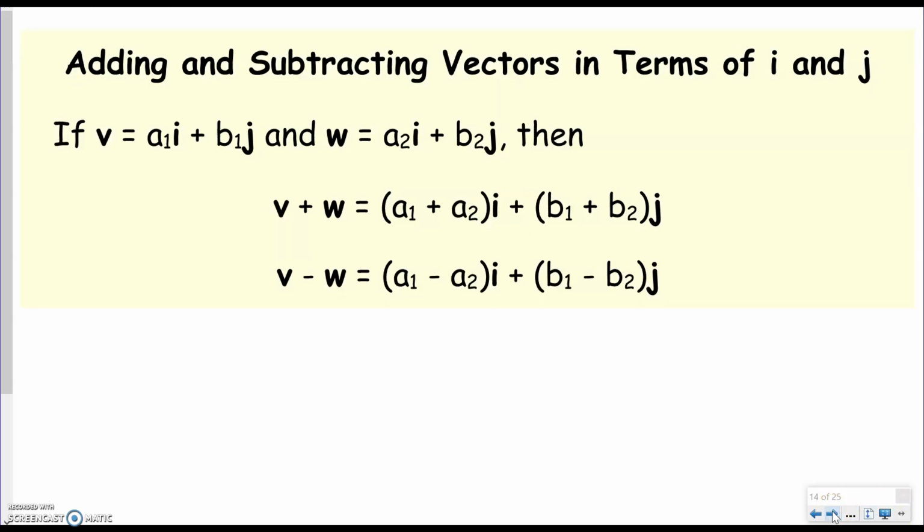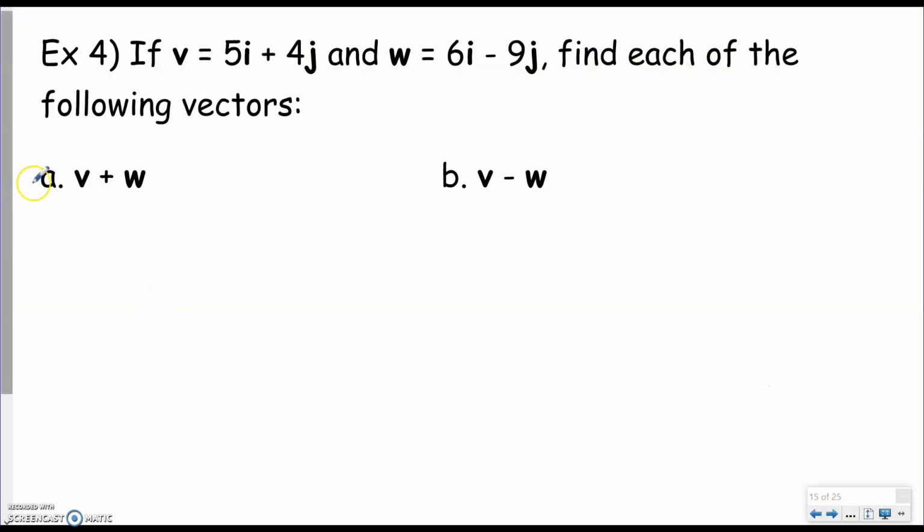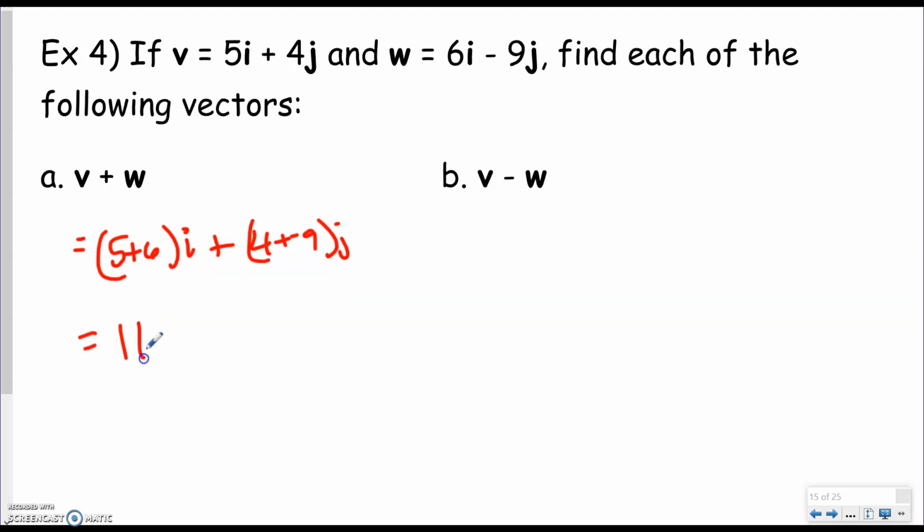Okay, when you are adding and subtracting vectors, it's kind of like combining like terms. So add or subtract the coefficients for your i and j. So if I have v equals 5i plus 4j and w equals 6i plus 9j, to add them together, we're going to do 5 plus 6 times i and 4 plus negative 9 times j, and our resulting vector is 11i minus 5j.